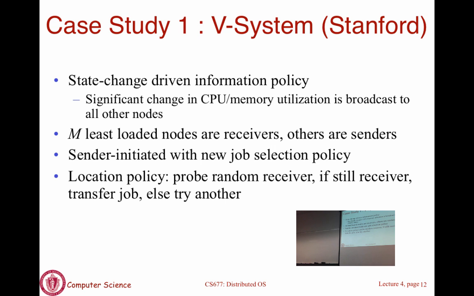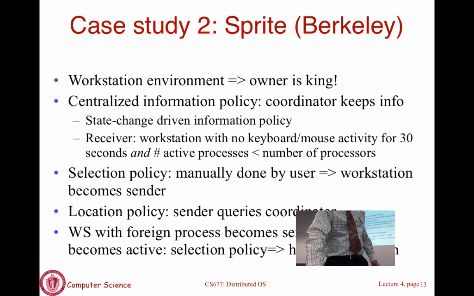Okay, so you may have received some broadcasts a while ago and you just probe, and then based on whether the node is still lightly loaded or not, you will actually send the job or not send the job. So the location policy is probe a random receiver of one of those M, okay, and then if it's still a receiver, transfer the job, otherwise try something else. Okay. So that's a simple instantiation of a sender initiated policy in the V system.